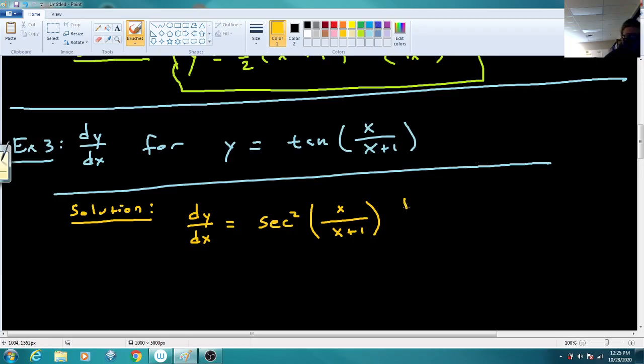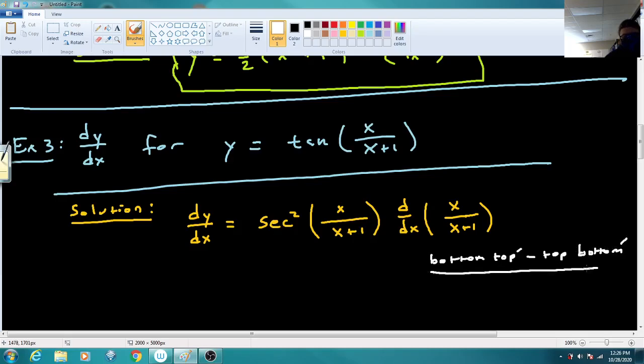So I'm going to write out d dx to show that we're trying to take the derivative of the inner part, because I want to write out the statement for the quotient rule. Quotient rule is bottom left alone times the derivative of the top minus top left alone times the derivative of the bottom, all that over the bottom squared. So we're going to use that to take this derivative here.